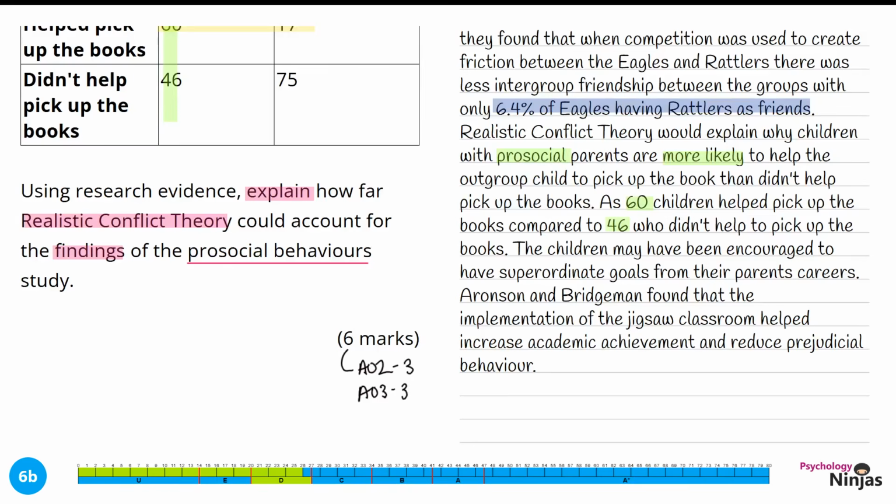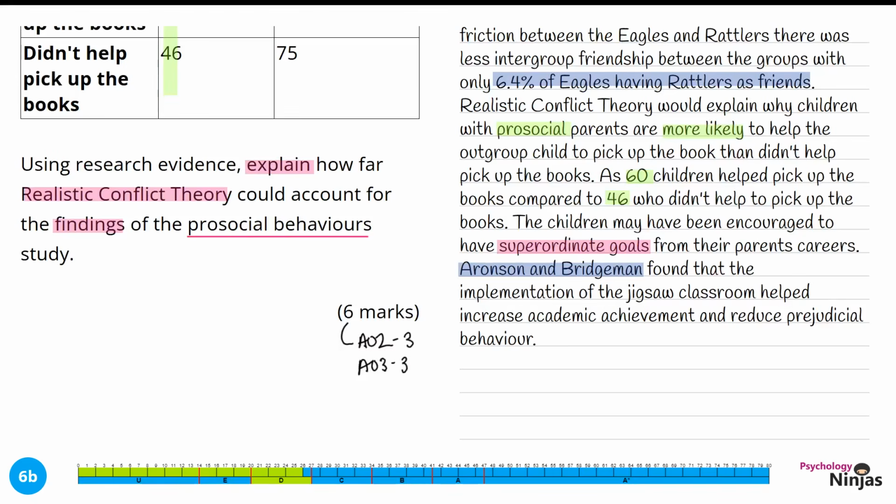We've linked this into terminology from superordinate goals, but we're still talking about the parents' careers in order to link this back into the study. We've supported that with research from Aronson and Bridgman, saying that including superordinate goals is positive and encourages helpful behaviour and less prejudice. Because our question says explain how far, we're actually going to give an alternative strategy that isn't from realistic conflict theory.